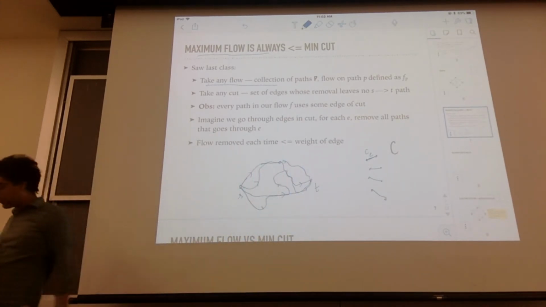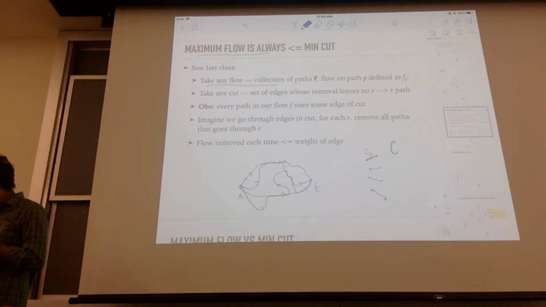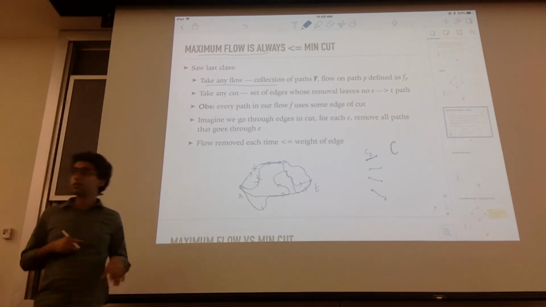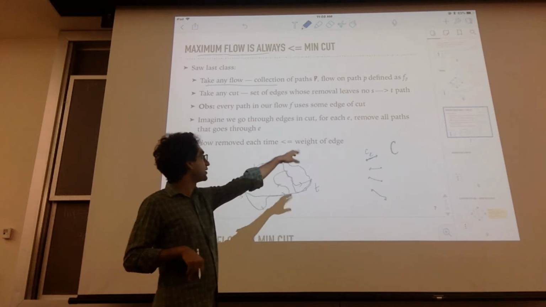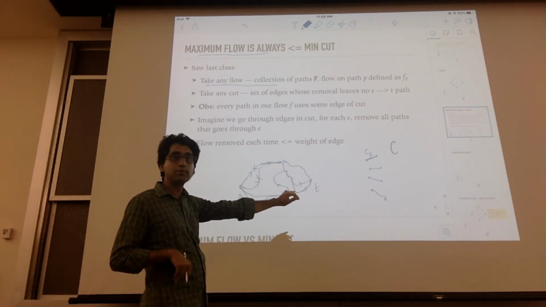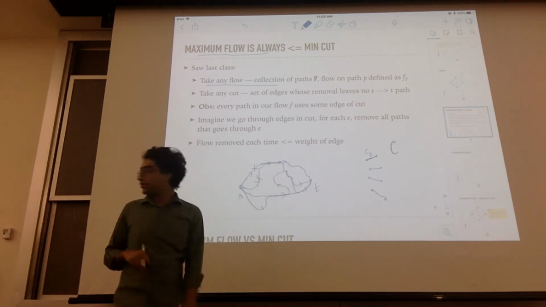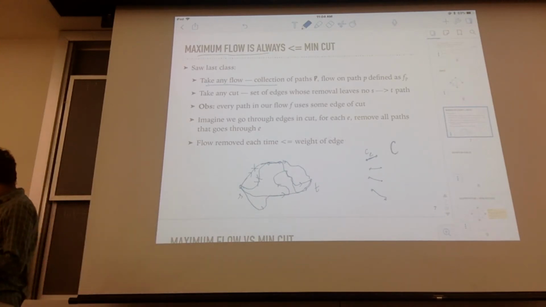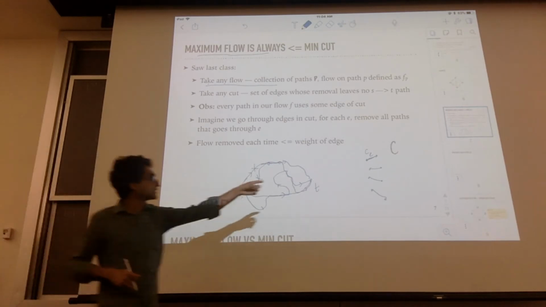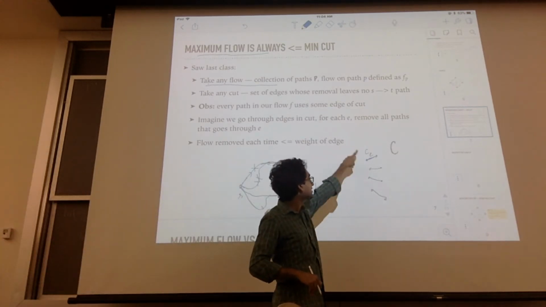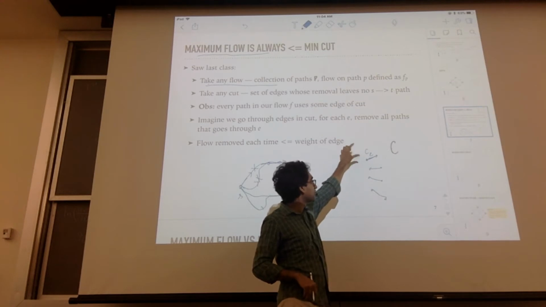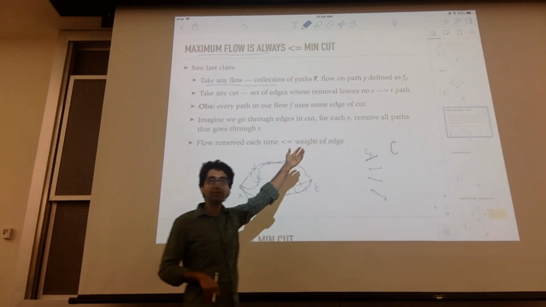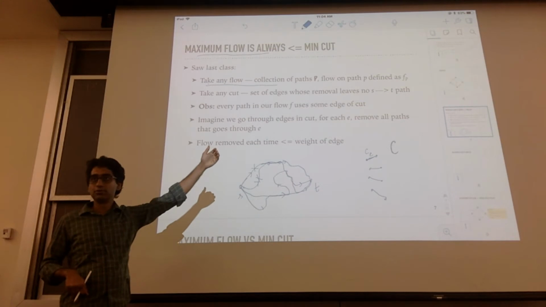And now let's think of first removing all of that. So let's say this is my edge in the cut. I have removed this, I have removed this. I do this for every edge one by one. So the total amount of flow I have removed in this process is at most the sum of these edge capacities, because each time the amount of flow I am removing is at most c_e.